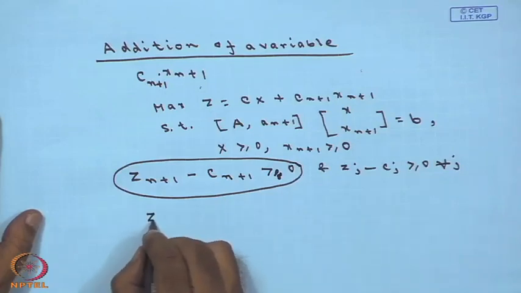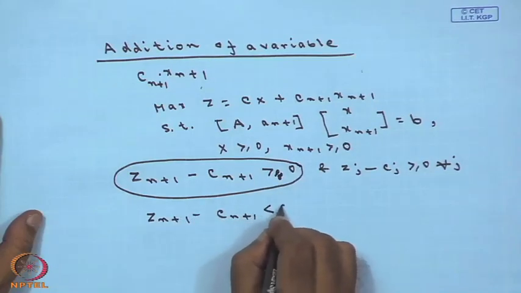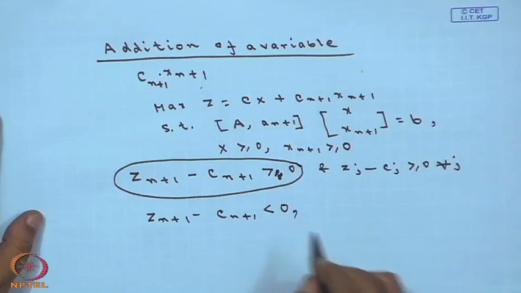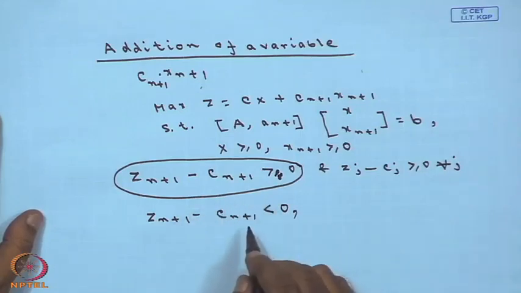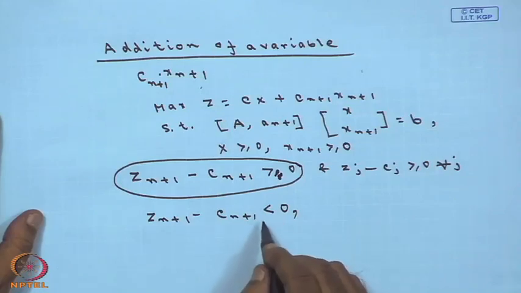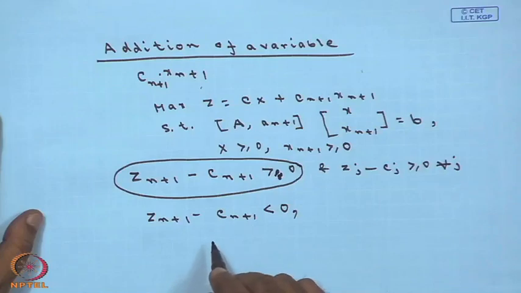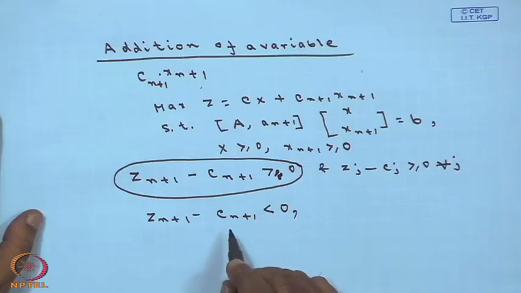But if Zn+1 minus Cn+1 is less than 0, in that case your simplex table will change, because optimality condition is not satisfied. So, the vector xn+1 will enter into the basis and there will be changes in the solution process.